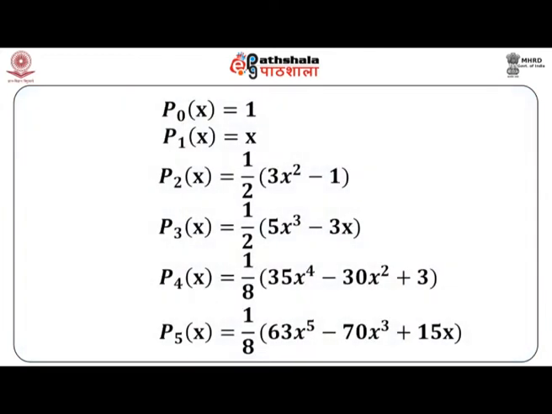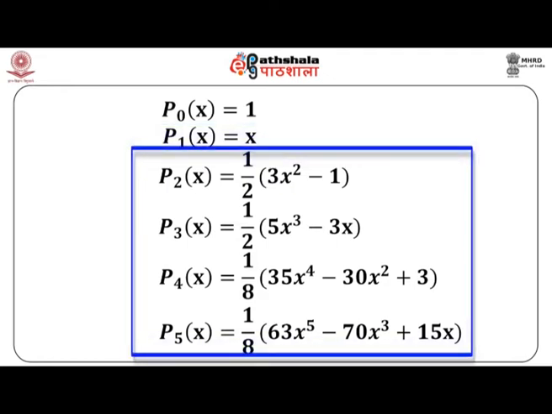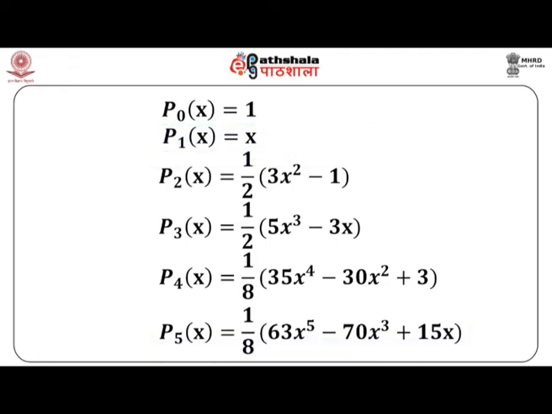Here you can see we have given a table where, for different values of L, we have the values of P_L(x). For example, P_0(x) is 1, P_1(x) is x, and so on. These will be used later while finding the solution for various values of L and m.